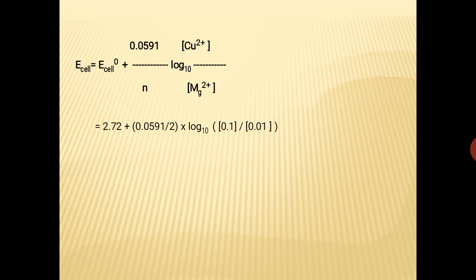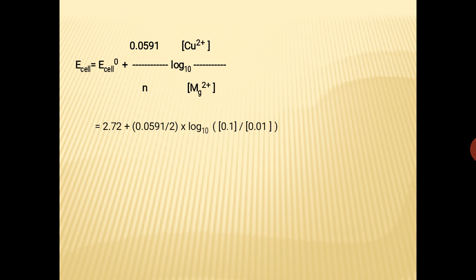After substituting, the equation looks like this: E0 cell, which we already calculated, is 2.72, plus 0.0591 upon 2, as our n value was 2, then log to the base 10 of the molar concentration of the cathode ion, Cu2+, which was 0.1, upon the molar concentration of the anode ion, which was 0.01.